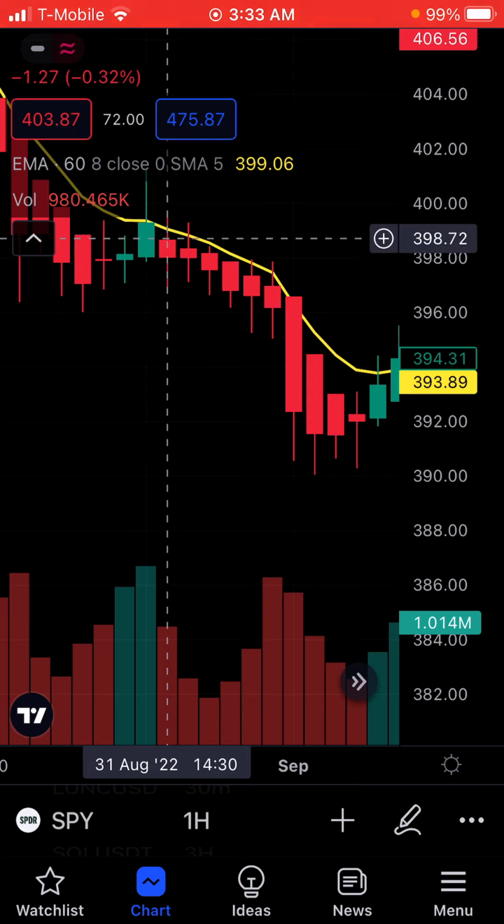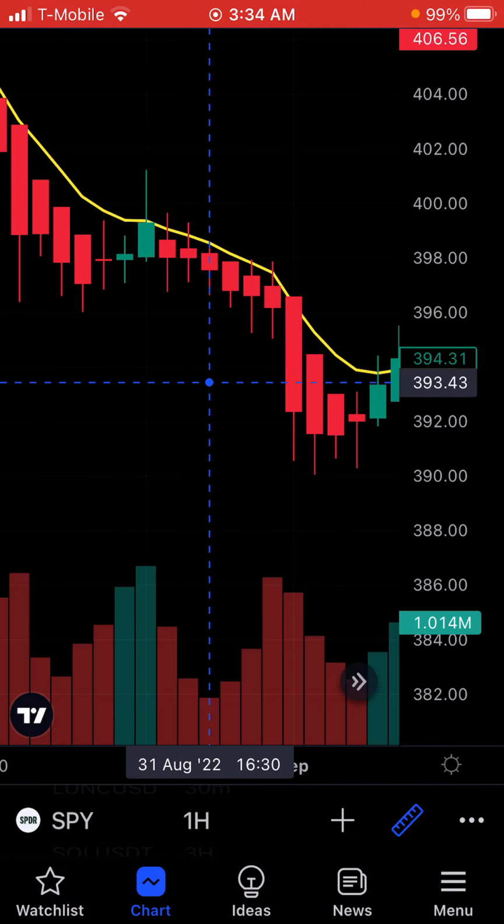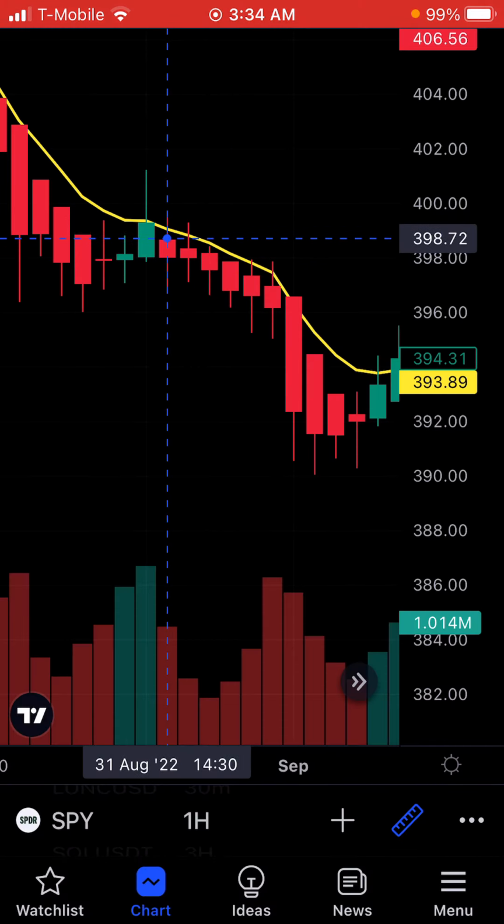So this candle right here, you kind of base it on, look at the volume. It's close to 1 million. So for me, I would do a put, because the amount of volume that is in that one volume bar is big. So I would actually do a put in this situation.